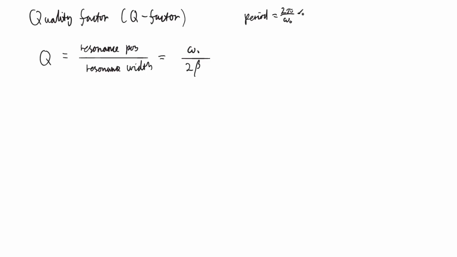That's the natural period. And 1 over beta is the decay time of the damped oscillator. With those definitions, the Q factor will be pi times the decay time over the period.